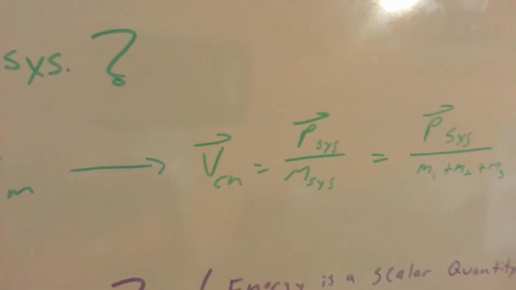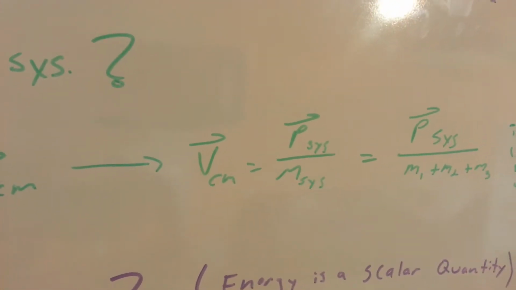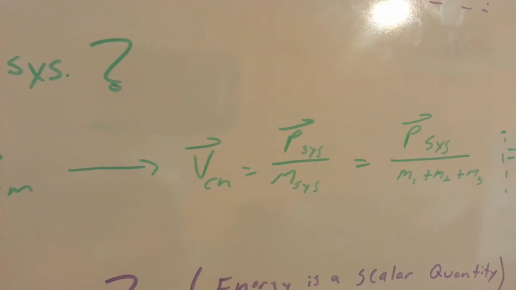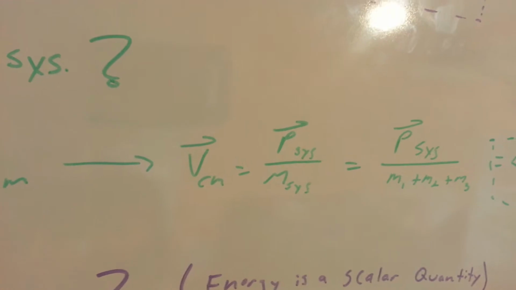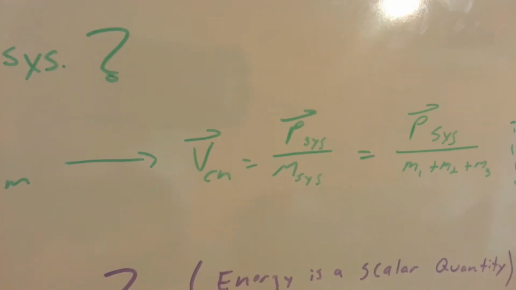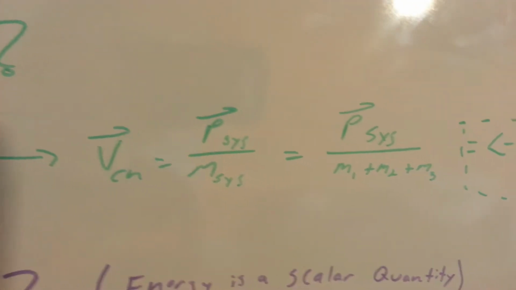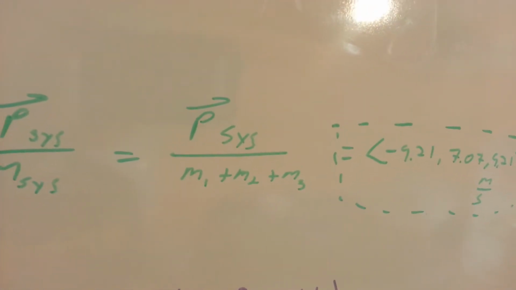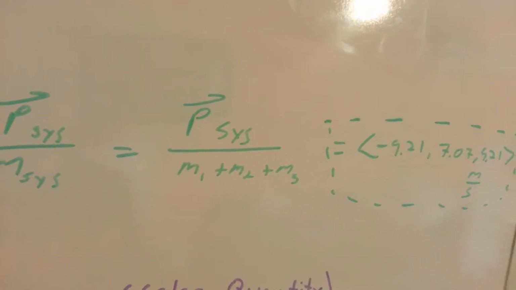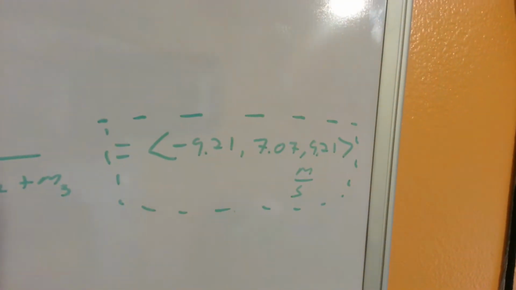Your velocity of the center of mass will equal the momentum of the system over the total mass, or the mass of the system. And the mass of the system is simply all of your masses added together. So M1 mass plus M2 mass plus M3 mass, and I've calculated this value. Next question.